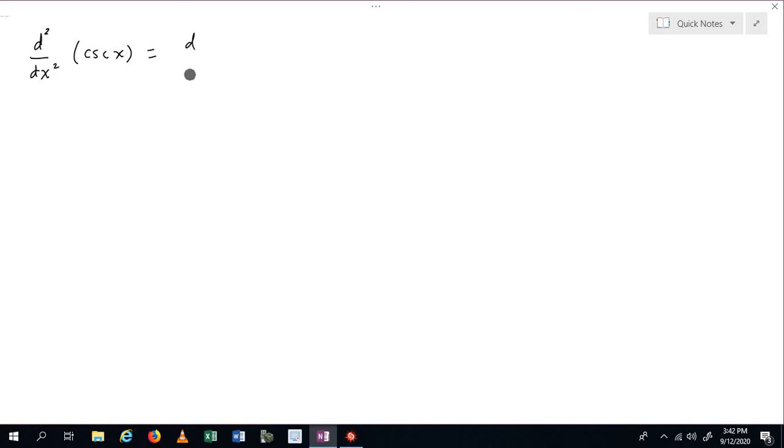So the second derivative would be the derivative of the derivative of cosecant of x. But the derivative of cosecant of x is minus cosecant of x cotangent of x.